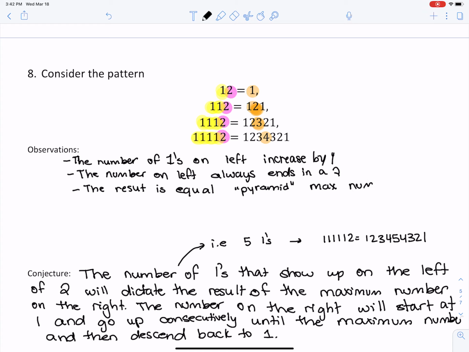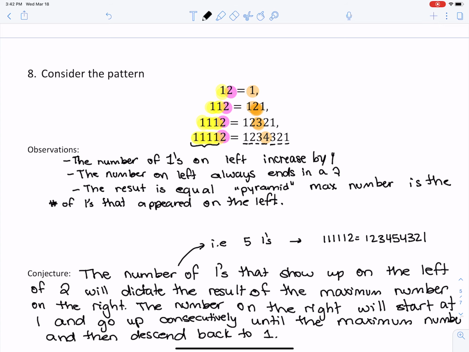The max number of that pyramid is the number of 1s that appeared on the left. So for example, this last one had 4 1s, so my number started at 1, it went up to that maximum number, and then went back down to 1.